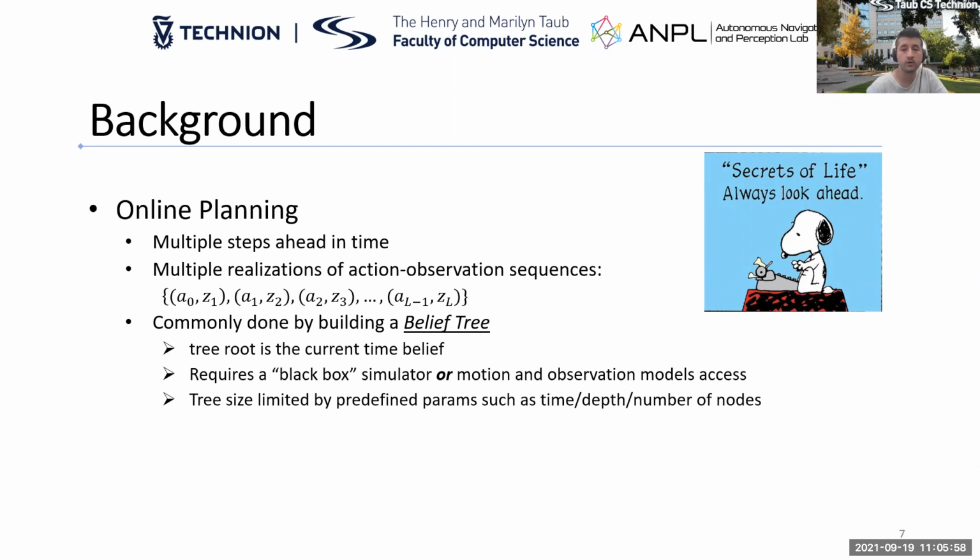A common way to organize such information is a tree, or a belief tree, where the root is our current time belief and future belief nodes along the tree are generated using a black box simulator or by having access to the observation and motion models. Since we deal with an online setting, the tree size is usually restricted by some hyperparameters such as maximum tree depth and branching factor, maybe the number of iterations, or simply a clock constraint.